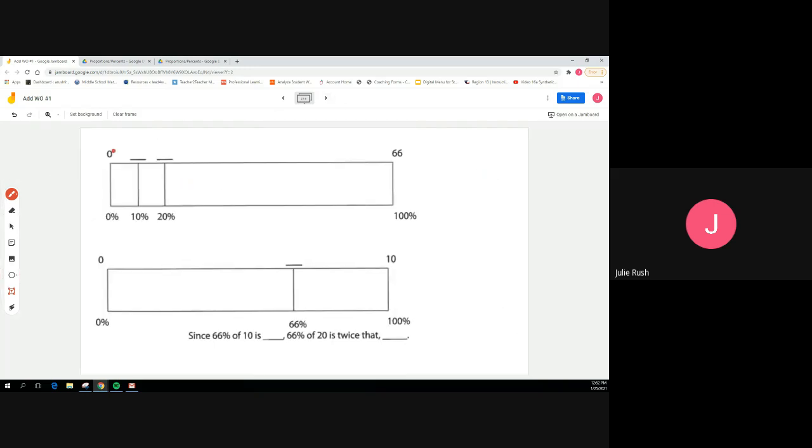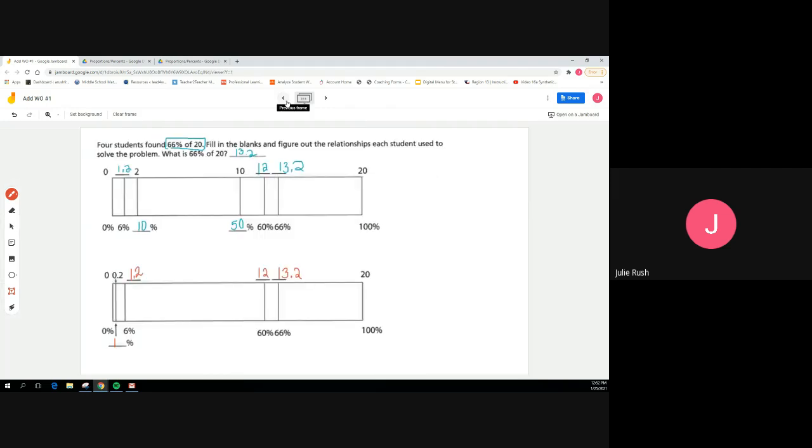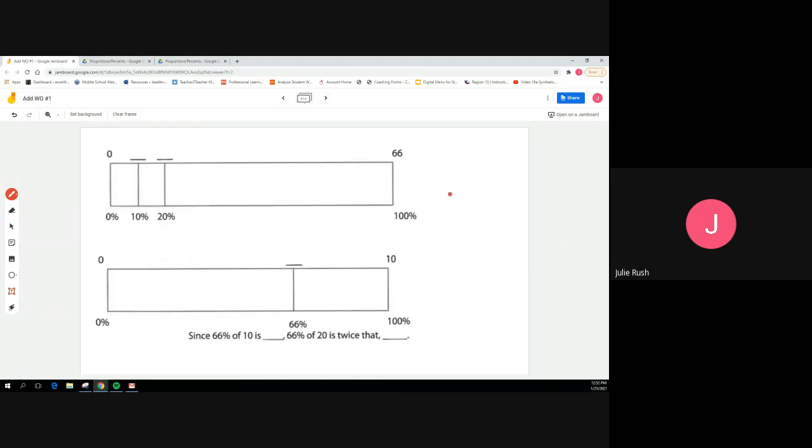So student number 3, percents on the bottom, whole numbers on the top, 66 and 100. What? Wait a minute. But 66 was my percent. Well, remember, we said that percents were reversible.